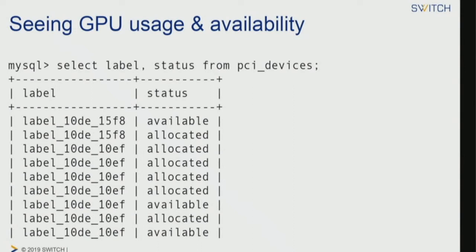The other is finding out what GPUs are actually in use and how many are free. Currently, this is how we do it. We ask our Nova database to tell us the status and the labels of our devices. Clearly, this is not very user-friendly. It's not even admin-friendly. So we're working on adding a service that will allow admins to see the current state of the GPU availability in my cluster, and whether I can go out and assign GPUs to projects and so on.